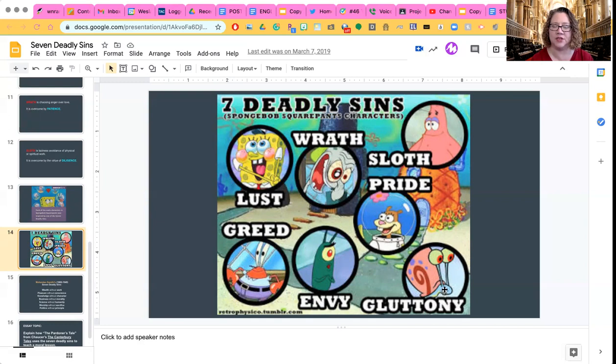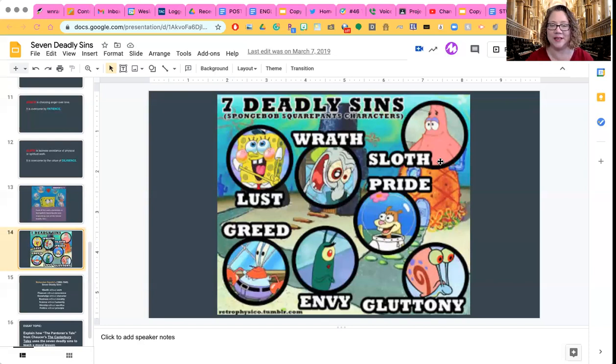Yes. Gluttony and sloth are not what you think they are in our modern sense. For the medieval people, sloth is about not being religiously diligent. And I know that's probably not the way they use it with Patrick. That character's name is Patrick, I know that.